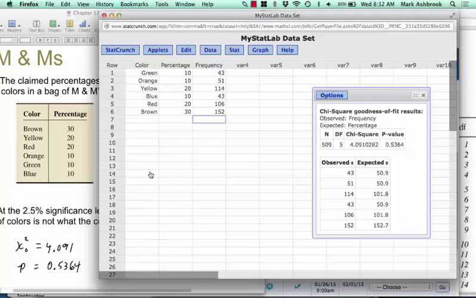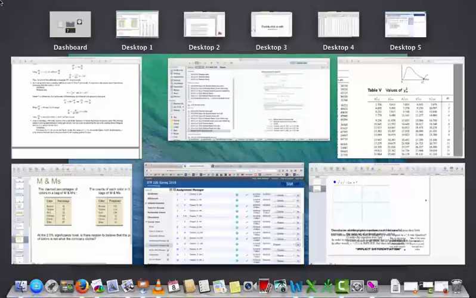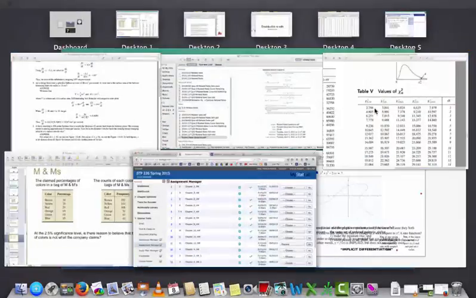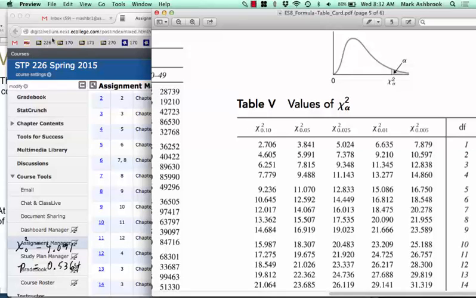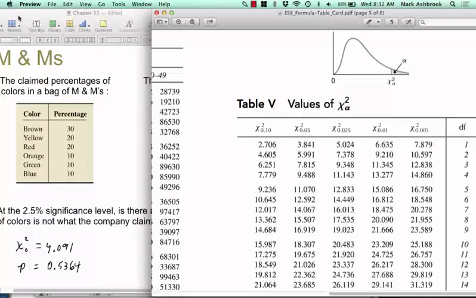And we want to, at the 2.5% significance level, we've got how many degrees of freedom? 5, because there's 6 outcomes. 2.5% is here. 12.833.